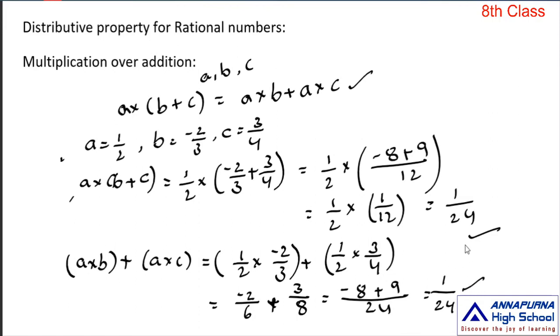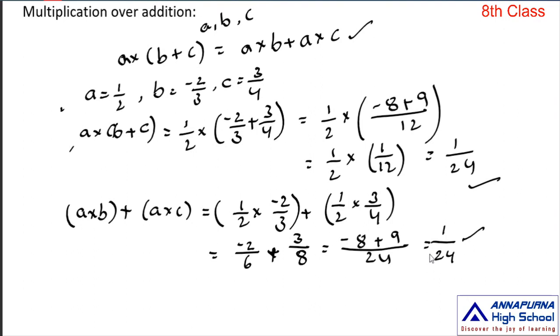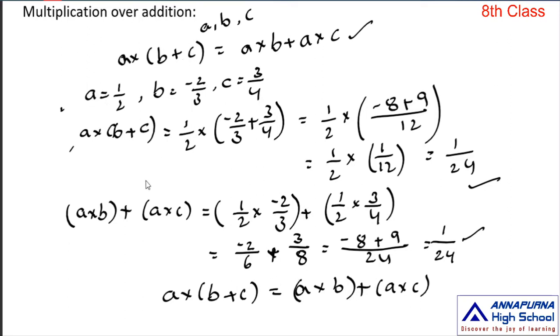That means a into (b plus c) is equal to a into b plus a into c. So this distributive property holds for rational numbers of multiplication over addition.